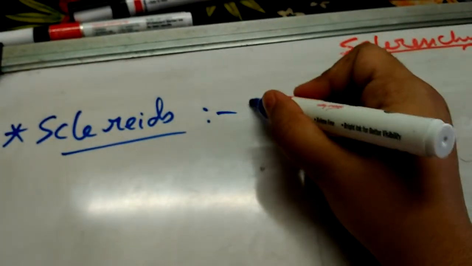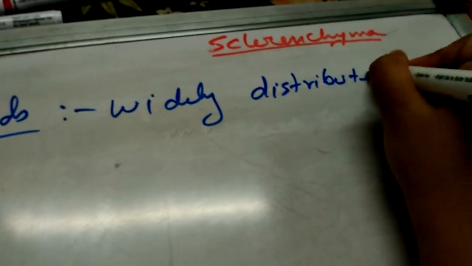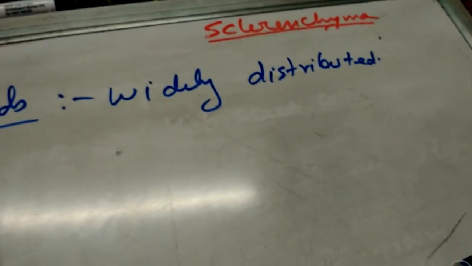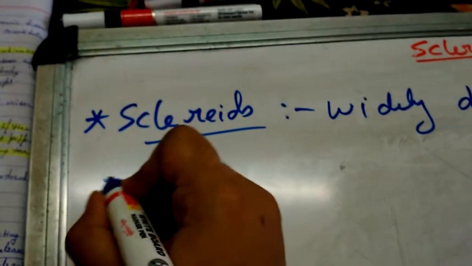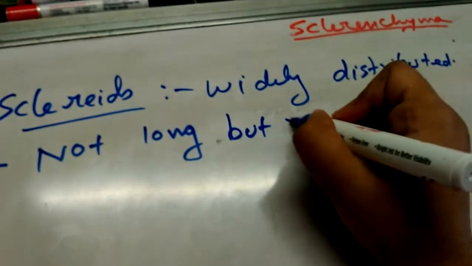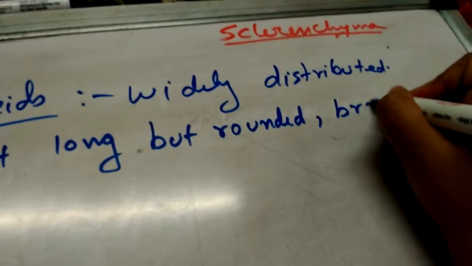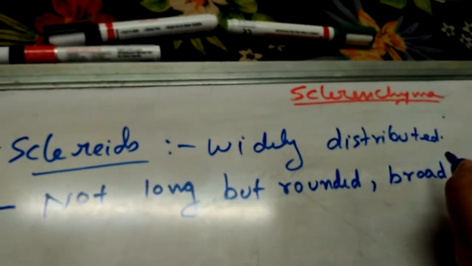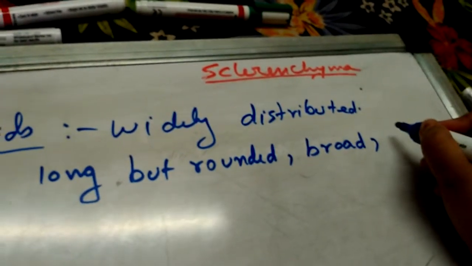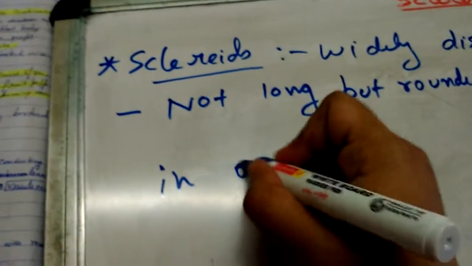They are not long but rounded and broad, and present singly, that is as isolated tissue, or in groups.